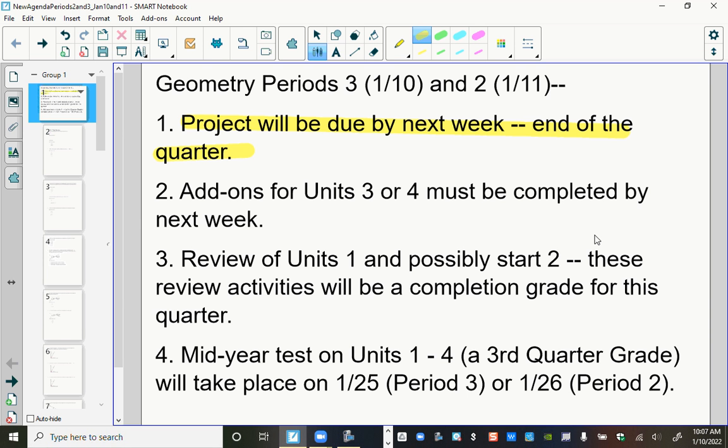We're going to probably do Unit 1 and a little bit of 2 today, continue with 2 and 3 on Wednesday, and then hopefully finish up by Friday of this week.